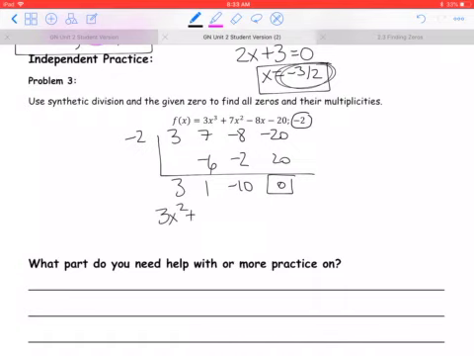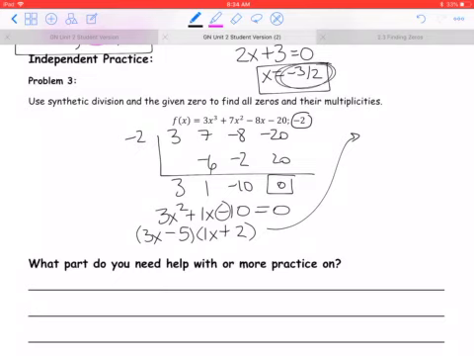3x squared plus 1x, take away 10. When we factor, we get 3x and 1x. We get 2 and 5 plus and minus to get that opposite sign there. Check your belly button, and this one works. I'm going to bring it up here so we can see better. So we have to solve the two parentheses.